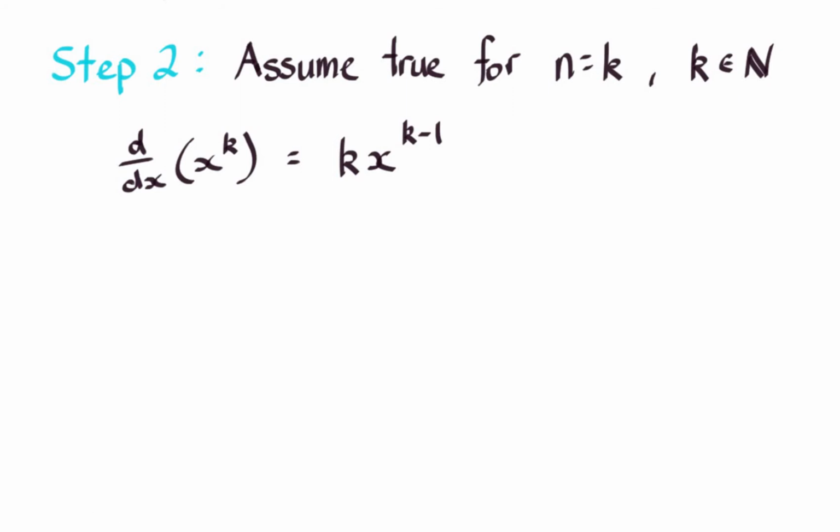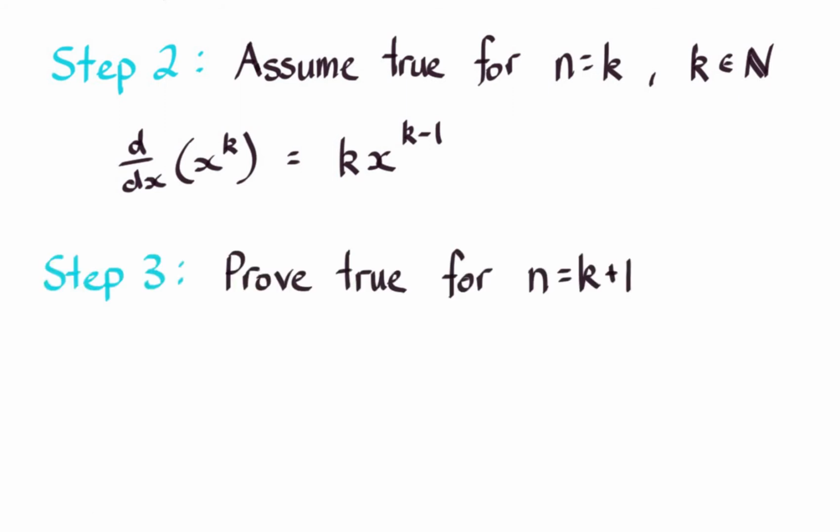Alright, step 3. Prove true for n equals k plus 1. So what is it that we're required to prove? Well, the derivative with respect to x of x to the power of k plus 1 is equal to k plus 1.